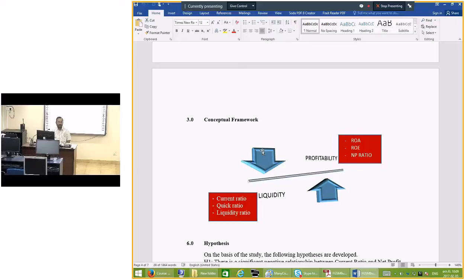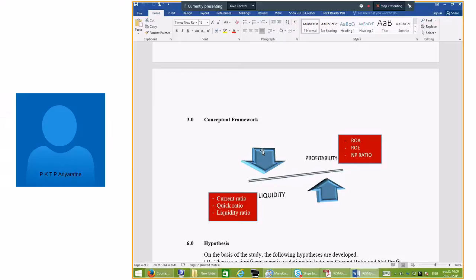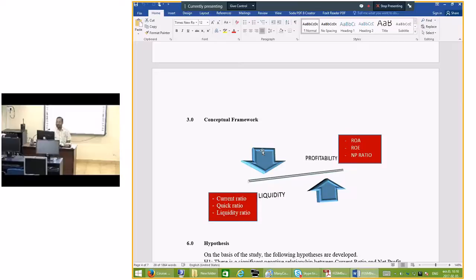Which one do you take as the final conclusion? In that case, I'll take return on assets, because banks sometimes have different scales. Then you finally take return on asset, but you just mentioned the other two variables in the conceptual framework.